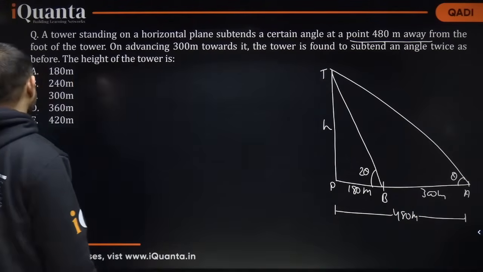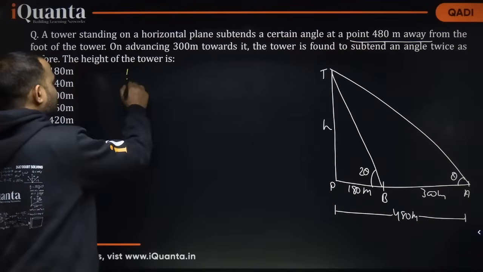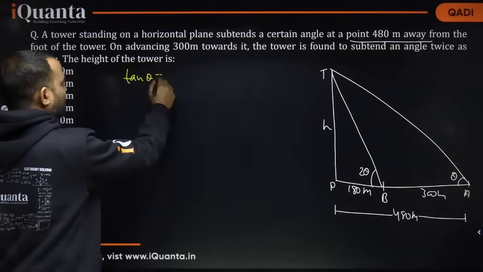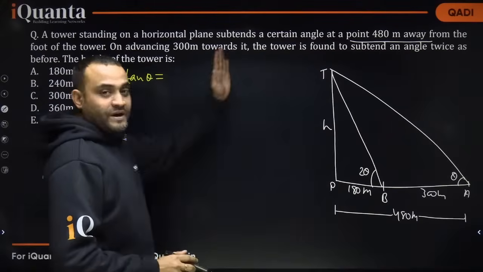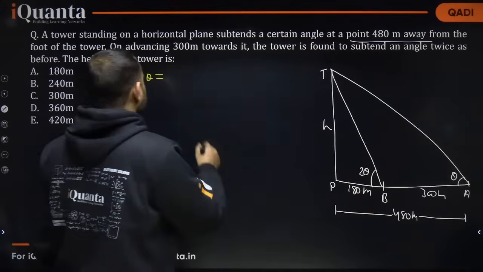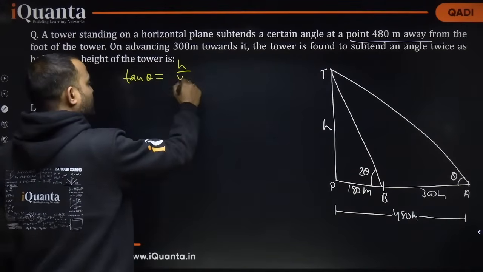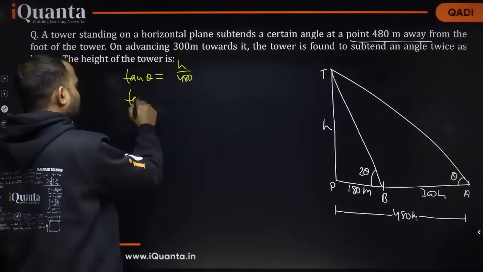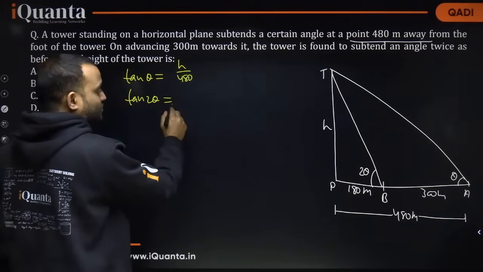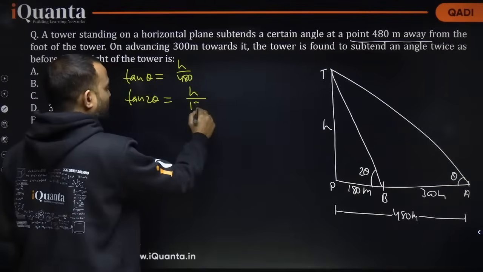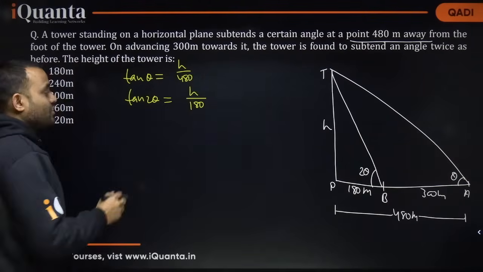So what do we say? We say tan theta will be equal to perpendicular upon base, that is equal to h upon 480, and tan 2 theta is equal to h upon 180. Correct. Now what is tan 2 theta?